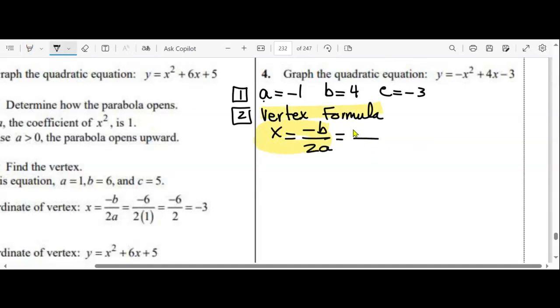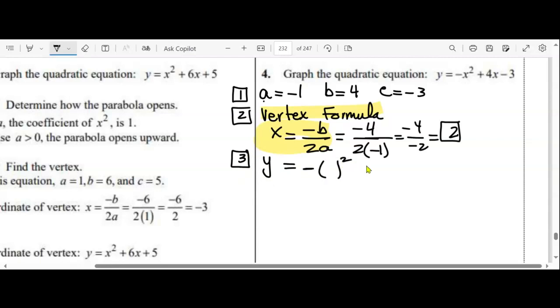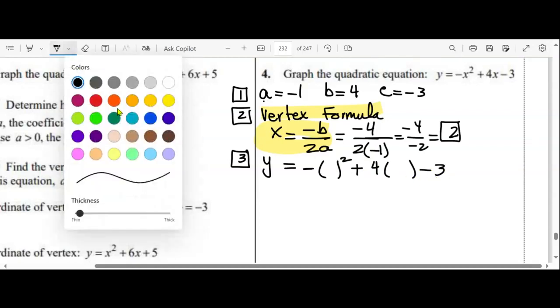So how much is b? Now we need to find how much is y. So we have negative x squared plus 4x minus 3. So I'm going to replace x by how much?